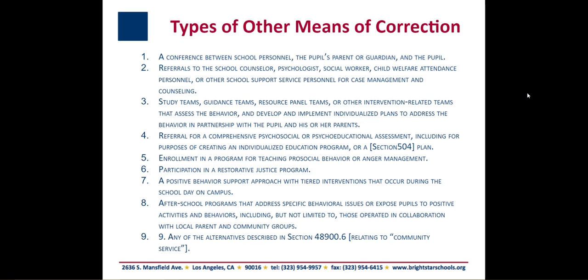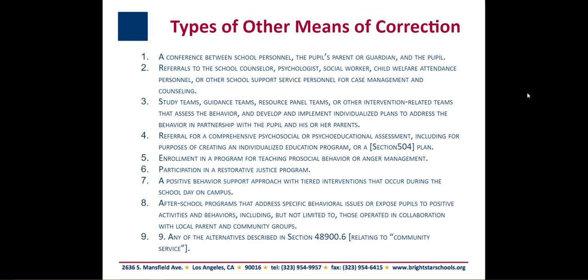Okay, so in addition to suspensions and expulsions and other outcomes, there are what are called other means of correction. And so here's another long list. I won't go through this list, so please feel free to pause. I didn't mention this previously, but you should also have access to the actual presentation with all the links. So feel free to pause this presentation now or go to the actual presentation and look at this slide.